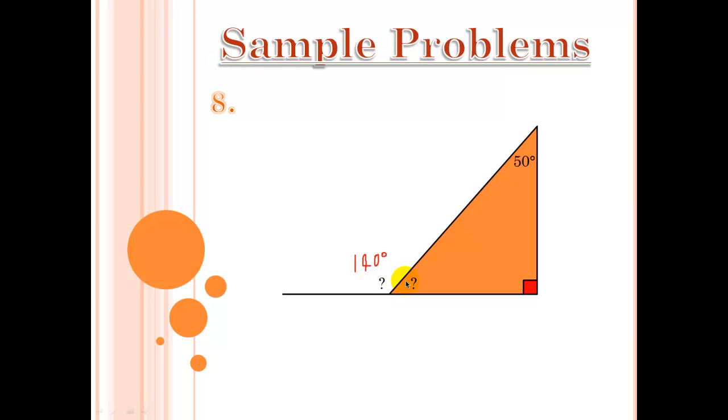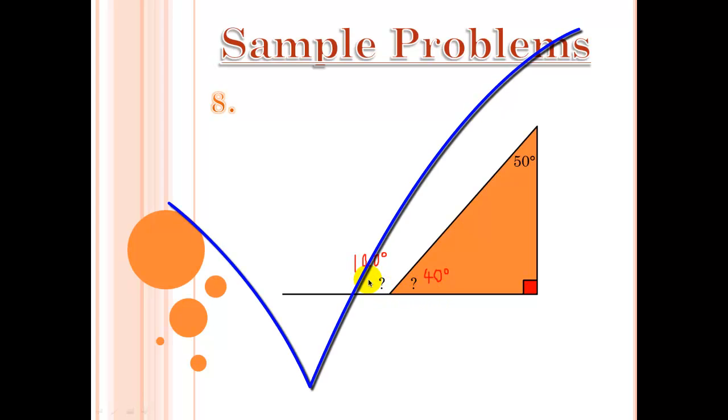So we'll use the supplementary angle theory. So 180 minus 140 equals 40 degrees. So this last angle measurement will equal 40 degrees, and this angle measurement is 140 degrees.